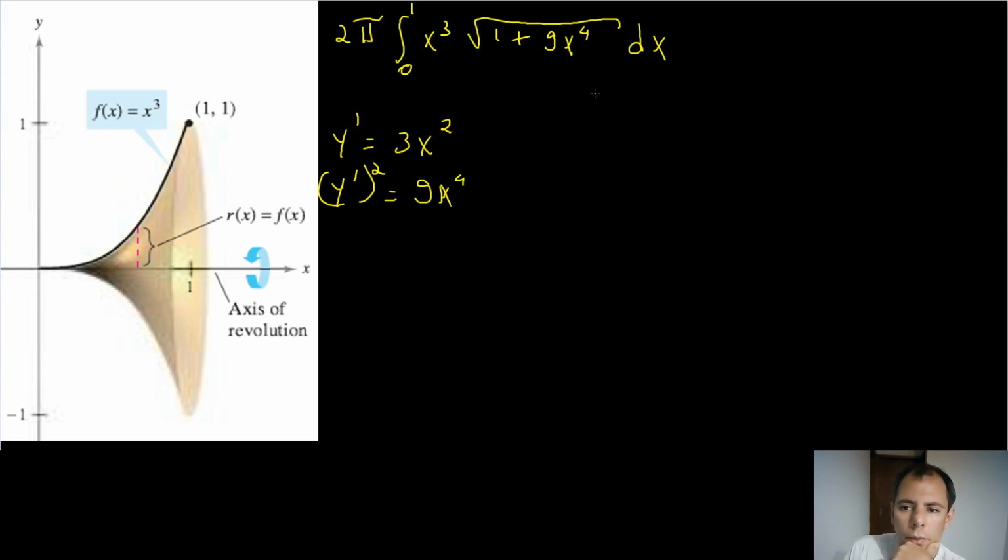All right, so how do we do this? Well, this is going to be the inside function, and what is the derivative of the inside function? It's 36x cubed. You got an x cubed in here, so perfect. We can just integrate directly.